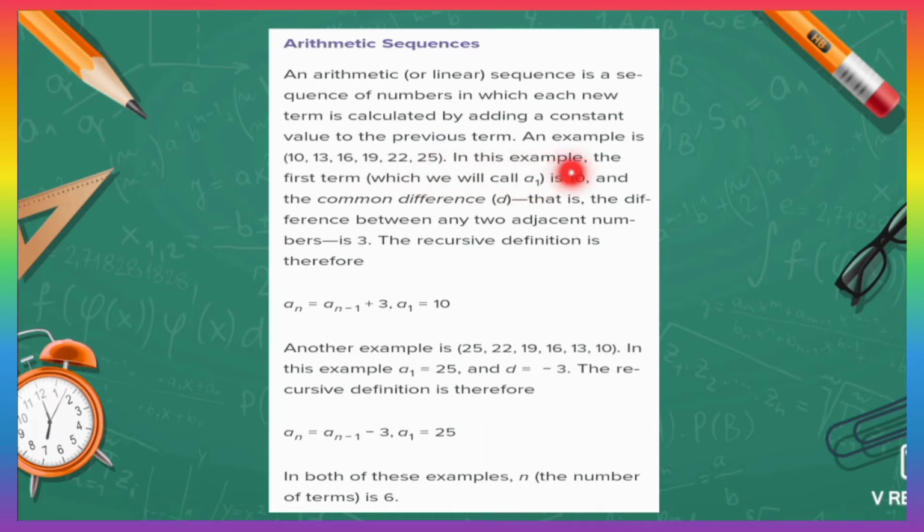So, in this example, the first term, which we will call a sub 1, yung meaning kanina is yun yung first term natin. So, of course, pag sinabing first term, kung sino yung nauna dito sa sequence na to ay siya yung tinatawag natin na first term.